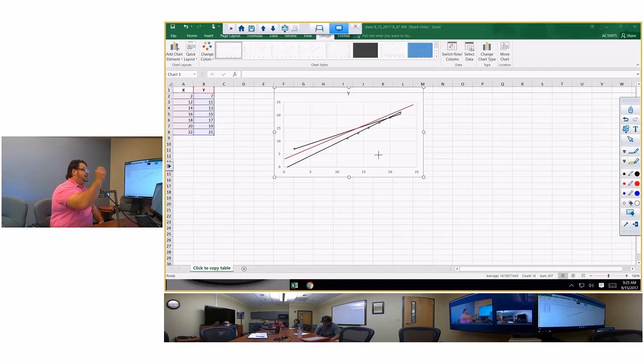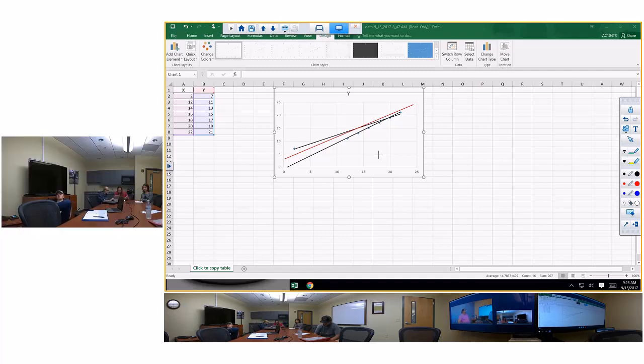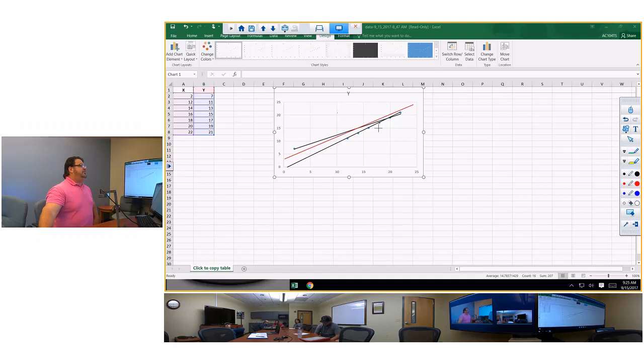The red line, each one of you, if I've got 16 people in this class, there's going to be 16 different red lines. Maybe 1 or 2 of you may get the same line, but that's if you're sitting beside each other and helping each other. Now, when you use the calculator, everybody will get the same line, unless you punch in something wrong. All right, so make sure everybody knows what's going on.